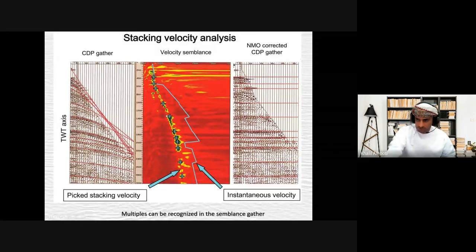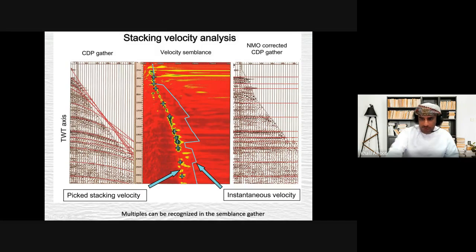If you pick the correct velocity, these reflectors, the NMO, they are flattened. You see how many layers? 1, 2, 3. There are many layers. Each one is producing a hyperbola.